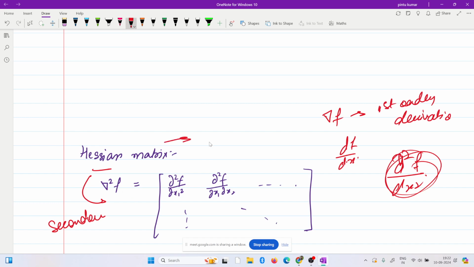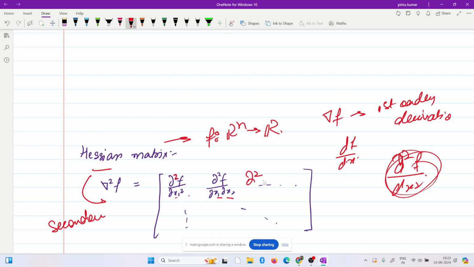Again, the Hessian matrix is defined for a function from Rn into R. The first entry is del square f by del x1 square. The second entry is the derivative with respect to x1, then with respect to x2.